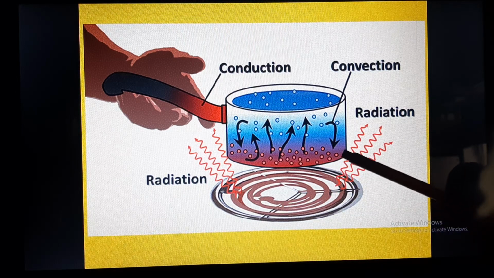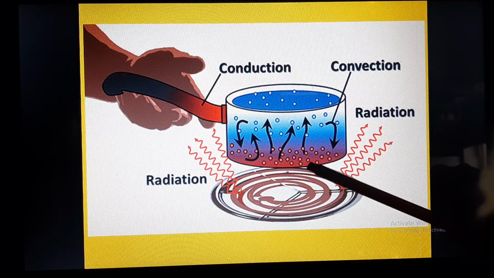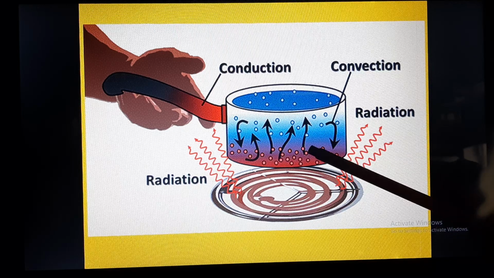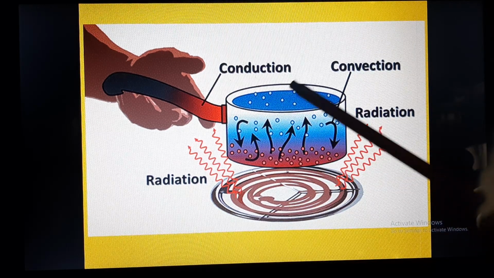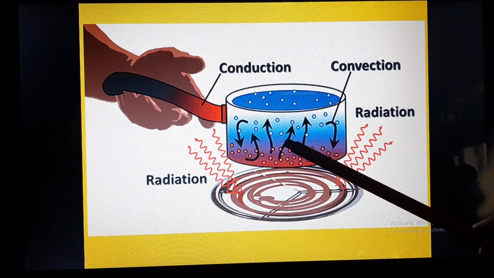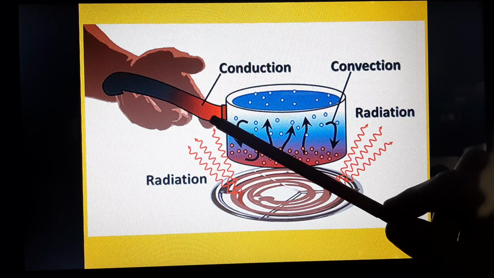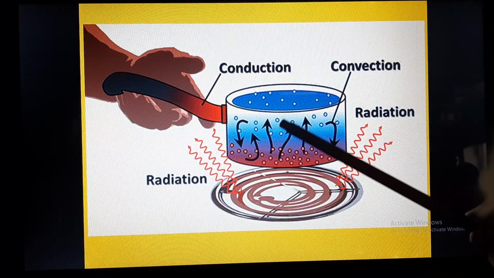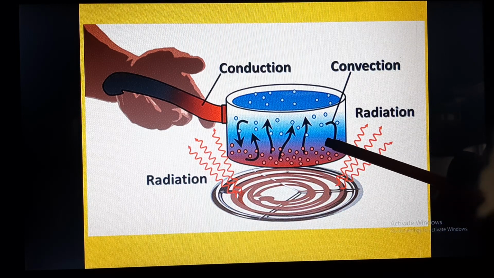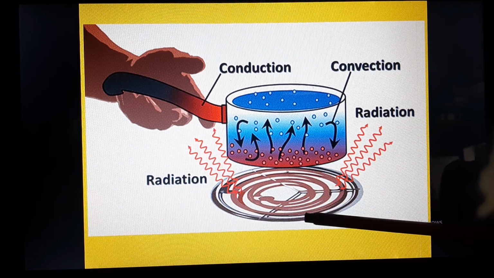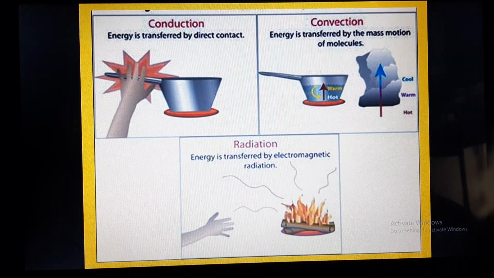Through the radiation the vessel is warming up, and the hot vessel is transferring the heat to the liquid, and the liquid is heating through the process of convection. Whereas the solid is heating through the process of conduction, the liquid is heating through the process of convection, and the heat is transferred from the heat source to the vessel through the process of radiation.